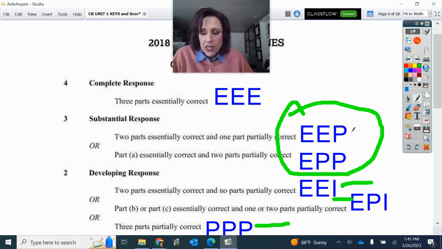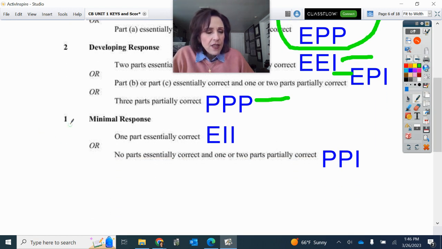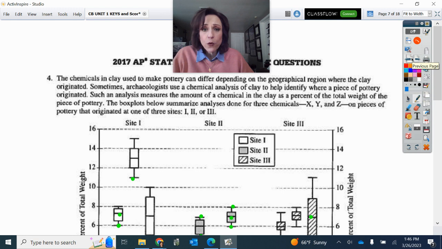You would get a 3 if you got EEP or EPP. You would get a 2 if you got 2 E's and an I, EP and I, or PPP. So a 2 or 1.5 essentially. And then you would get a 1 if you got an E or a PP. All right, so there you go. And so that is how you do your scoring for problem number 4 on the test, year 2017.